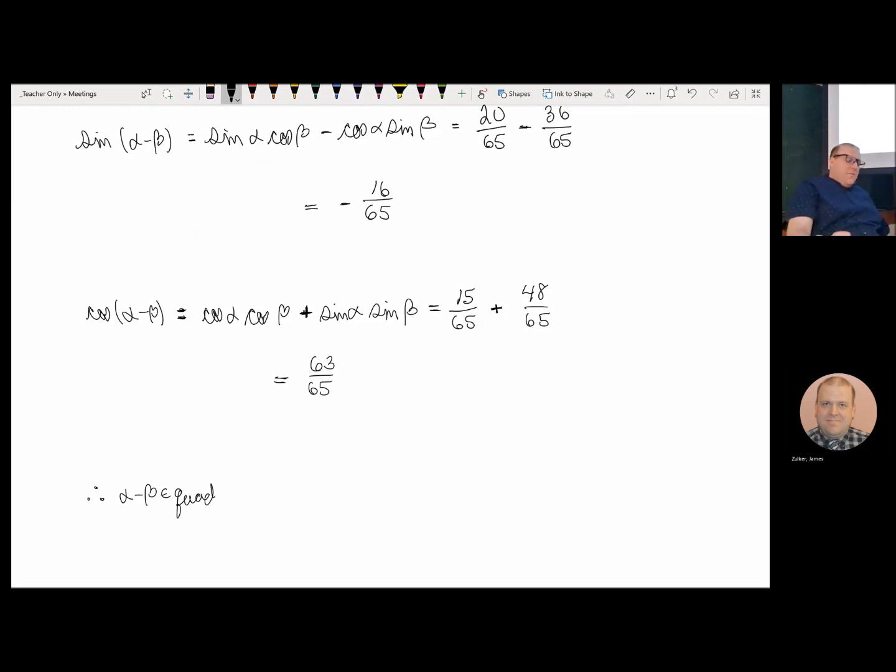What quadrant does that make alpha minus beta in? So in quadrant 4.